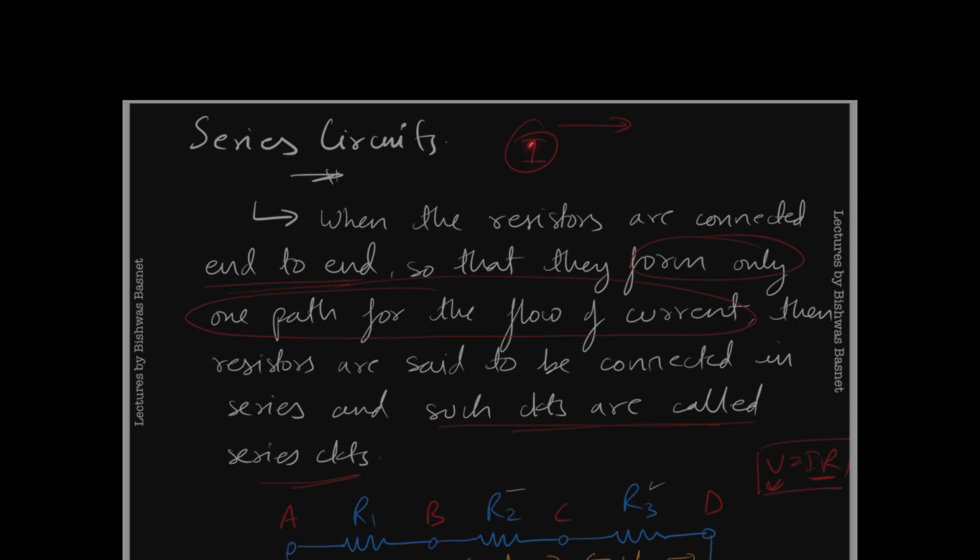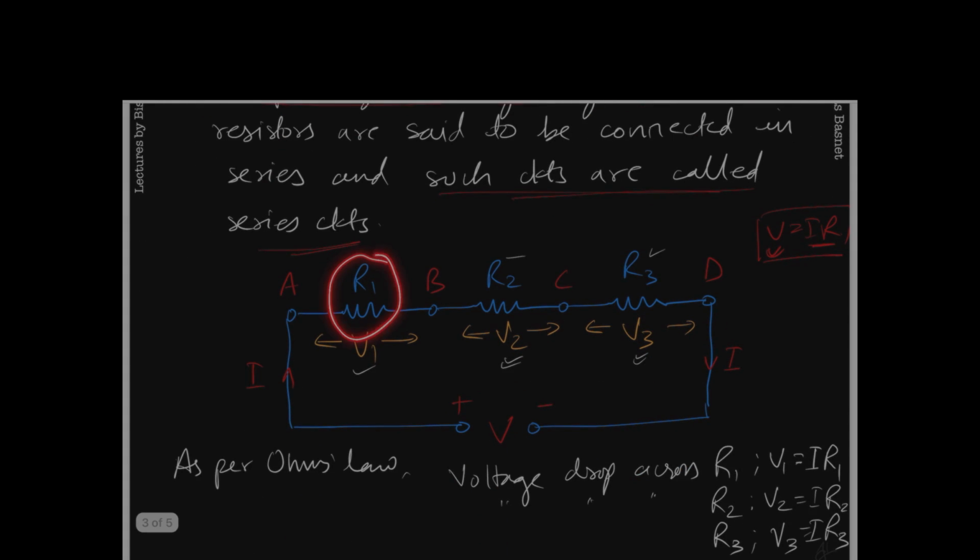So there is a current I that is flowing through that single path, end-to-end connected resistors. So this is known as end-to-end connection, right? So if there is a single current that's flowing through this circuit, then we'll call that circuit a series circuit. And we'll say that, okay, these resistors are connected in series like this, right?